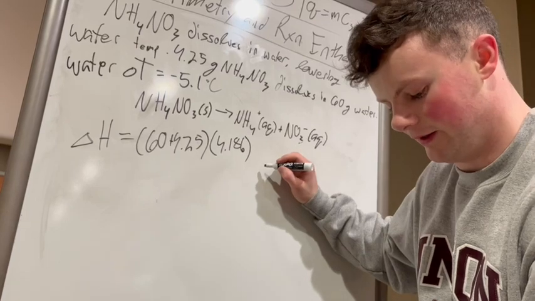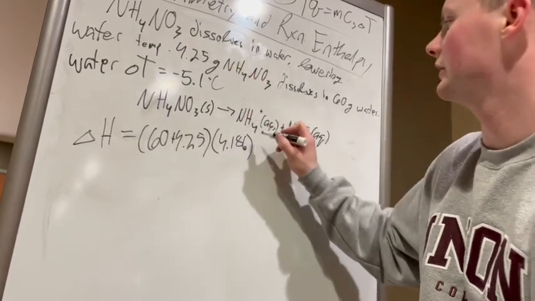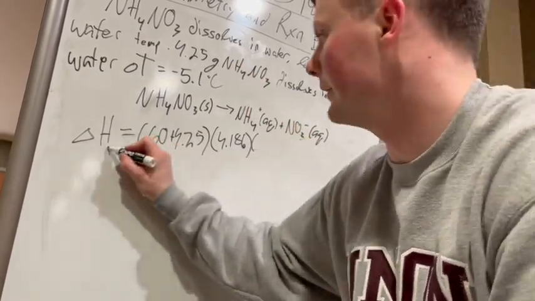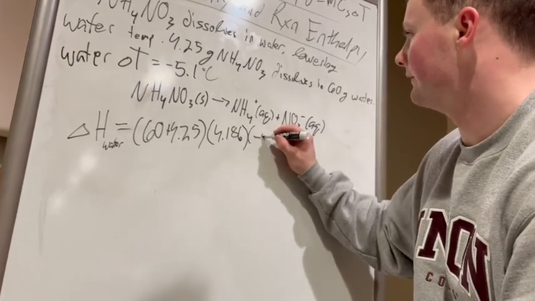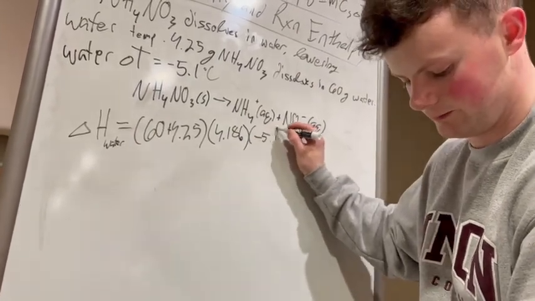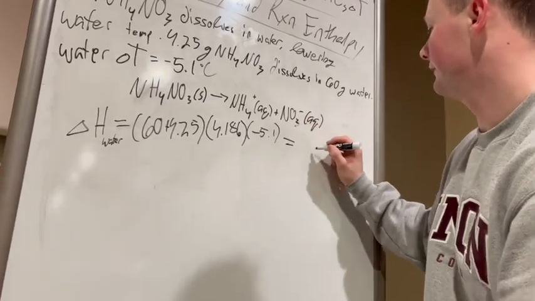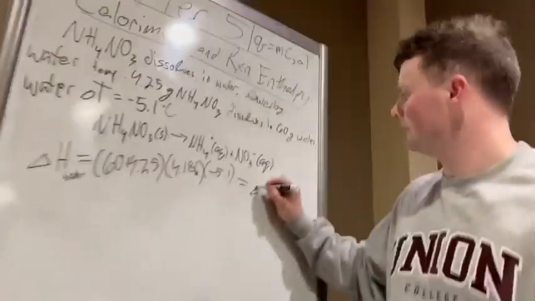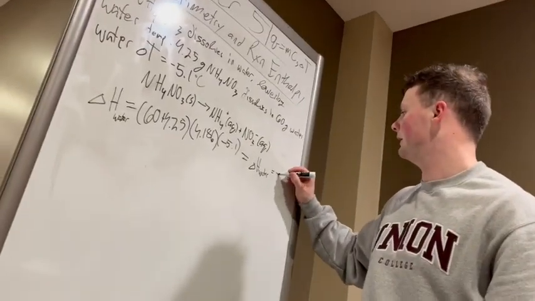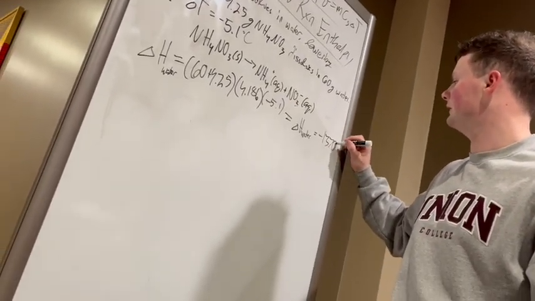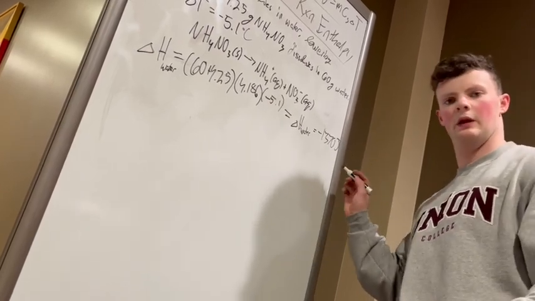And then we're gonna multiply this by our change in temperature. So this is for the water. Negative 5.1. And so this yields approximately negative 1370 joules. That's our number so far.